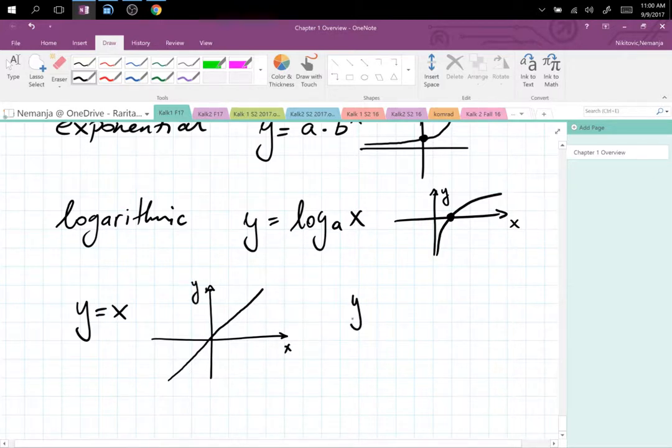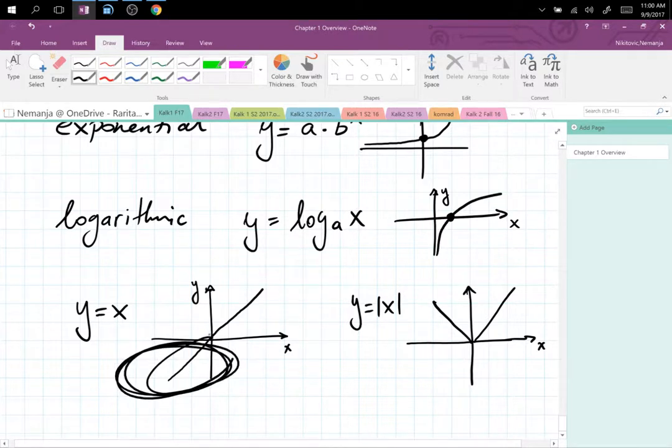And then y equal absolute x is going to be whatever is under x-axis will be reflected up. So you get the V shape. Because this portion over here of the line that was negative is reflected up.